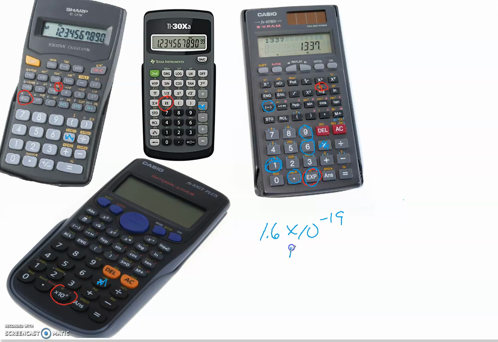When you type in EXP or EE, those buttons mean times 10 to the, and it's really important to use those buttons. Don't press multiplication before you use them, because then the calculator knows it's one actual entire number. If you press the times button in between, it'll separate the number and treat the two parts separately, and then you can get a lot of errors with your calculations.